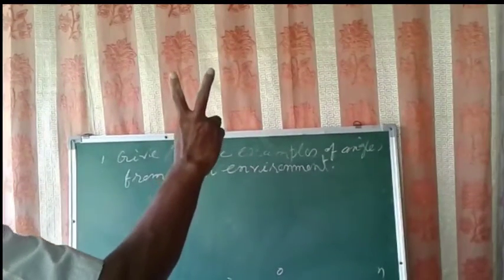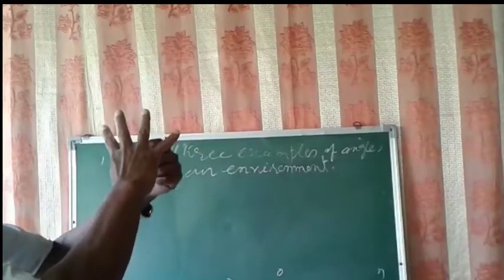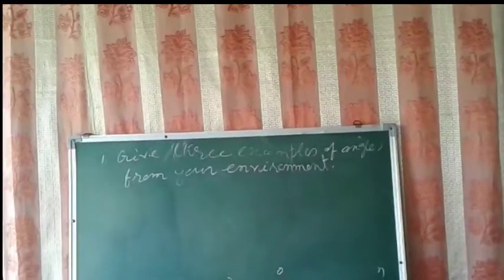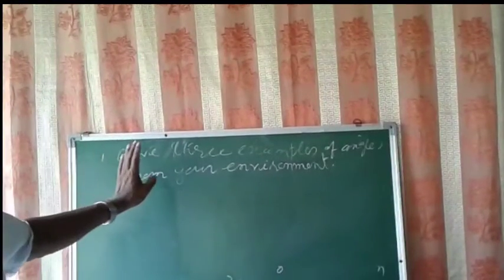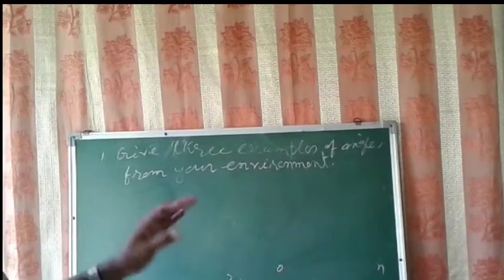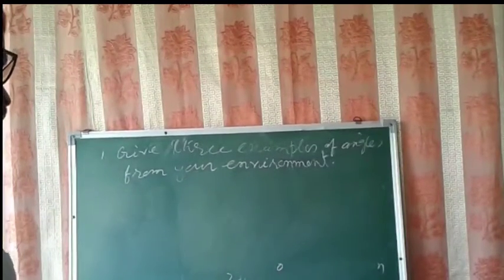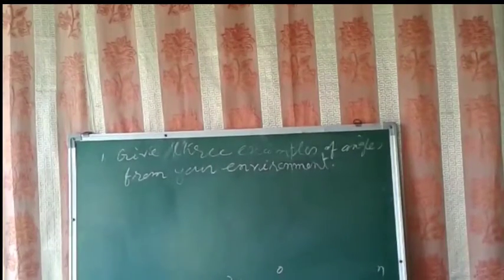Adjoining fingers of two hands: this is an angle, this is an angle. The corner of the board, there is an angle. Corner of the door, corner of the windows, etc. are examples of angles from your environment.